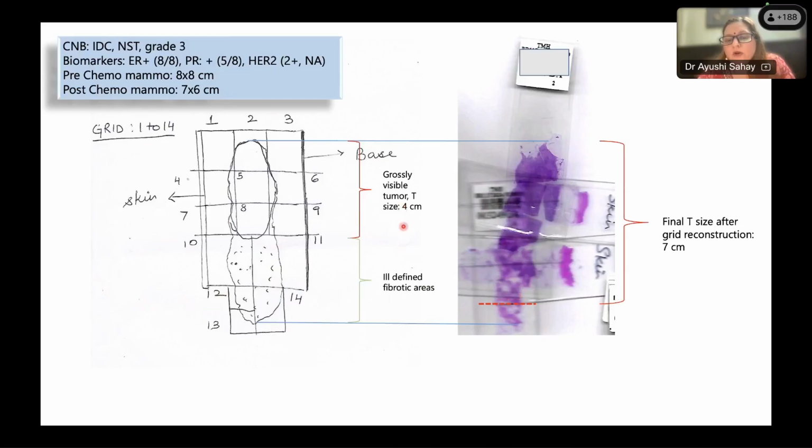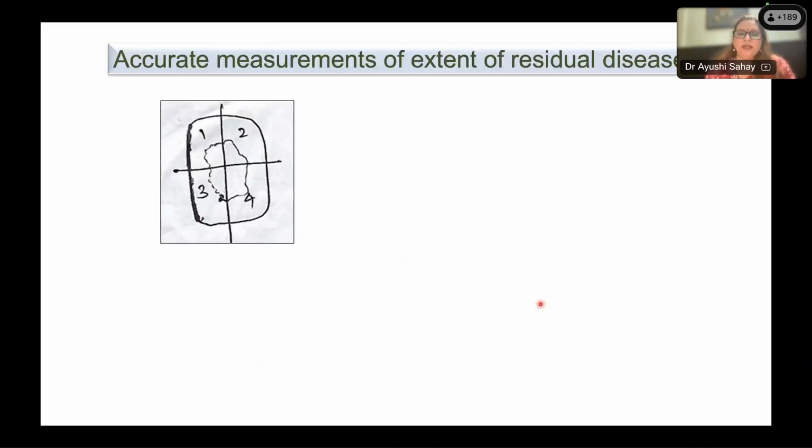So instead of a gross T size of 4 centimeter, the T size after the grid reconstruction became 7 centimeters. The additional 2.5 centimeter we identified because the whole section was sampled as per the pre-treatment T size, orienting and matching with the radiology and mammography. Whatever she thought at the bottom did not show any residual viable tumor. So the T size after grid reconstruction became 7 centimeter.